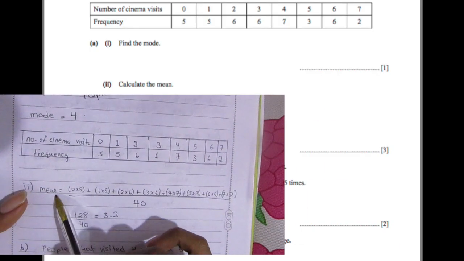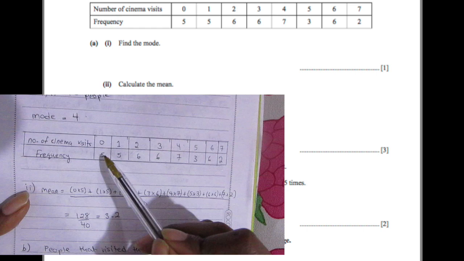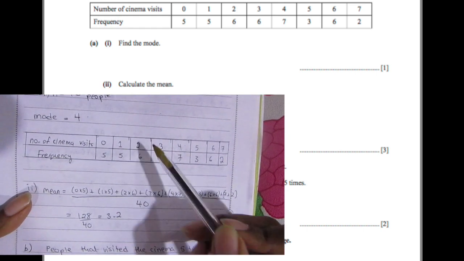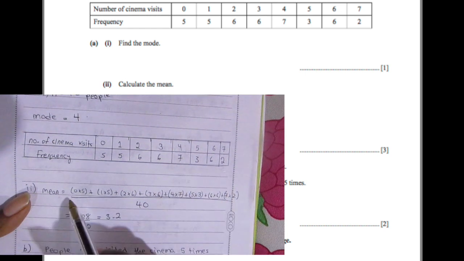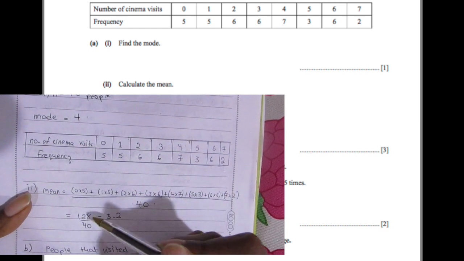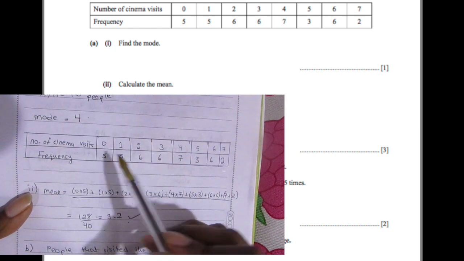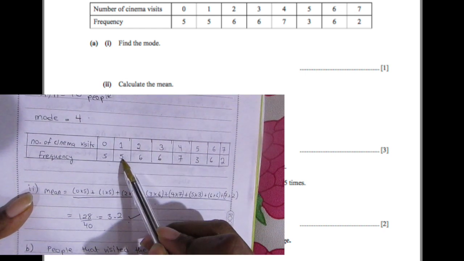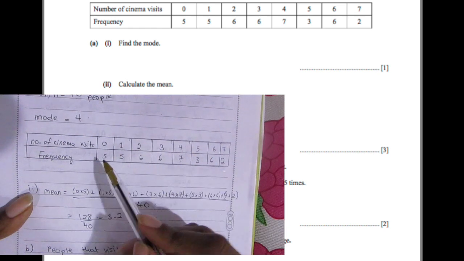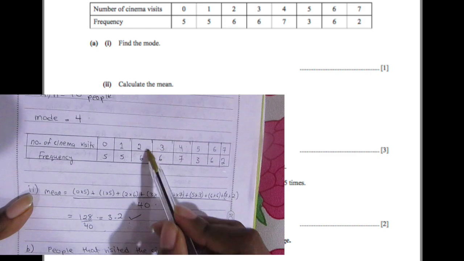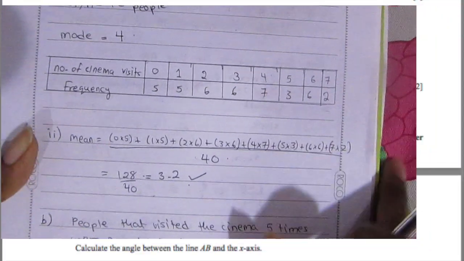Now to find the mean, this is what you're going to do. 5 times 0 plus 5 times 1 plus 2 times 6 and so on over 40. That gives you 128 over 40, which is 3.2. It's the same as saying there's 0 people here. There's 5 people that went to 1 cinema, so 5, plus 6 people that went to 2 cinemas, so that's 12, so 5 plus 12, and so on.